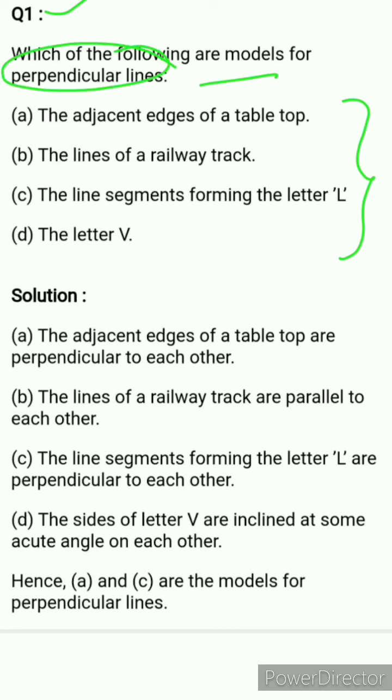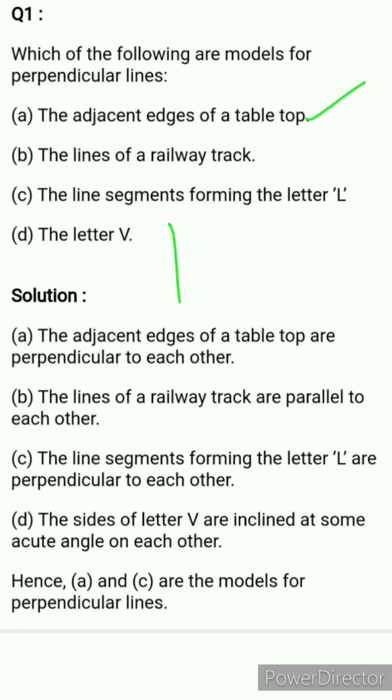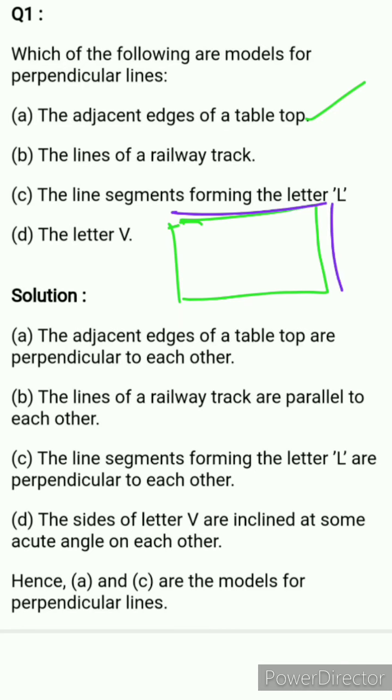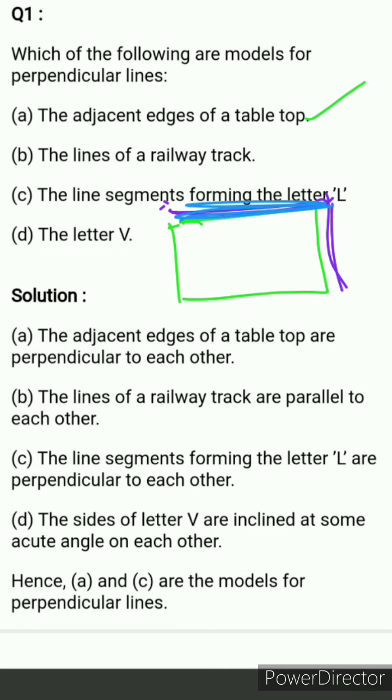Okay, so let's start from the first question, and that is the adjacent edges of a tabletop. So that is your tabletop. Adjacent edges of the tabletop are the edges that merge at a point. Clear? This edge and this edge are perpendicular to each other. Why? Because that is a 90 degree angle. It's a rectangular shape.